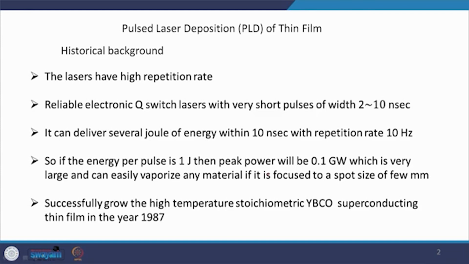This pulsed laser deposition technique became very interesting and useful, and drew attraction among scientists after the successful deposition of YBCO, which is very difficult to deposit with other techniques.